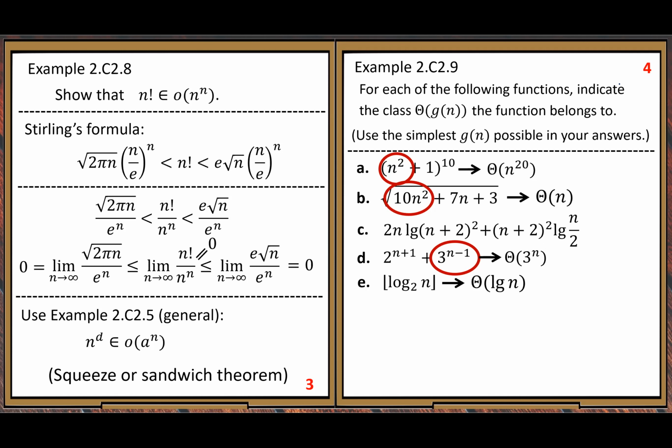Why? Each term is a product of a power function and a log function. Constants are not important. On the power function side, we have n to the first power versus n squared, so n squared dominates n.